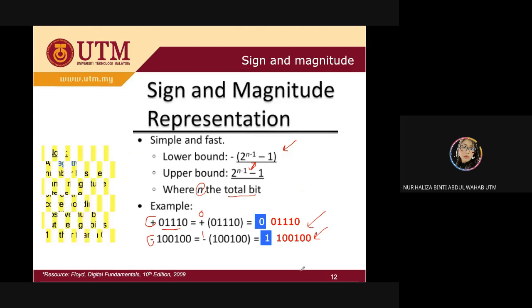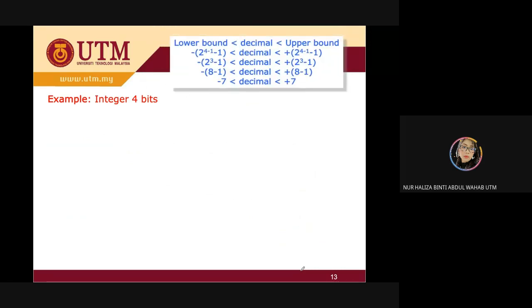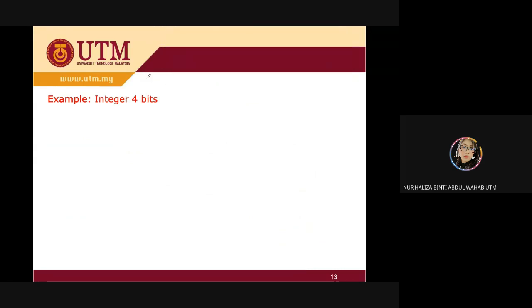How about the range? You are given over here the integer bits of 4 bits. And you need to calculate the lower bound and upper bound. What you will get is 2 to the power of 3 minus 1, which is 8 minus 1, equal to 7.